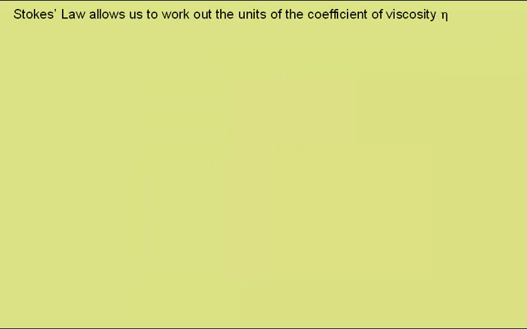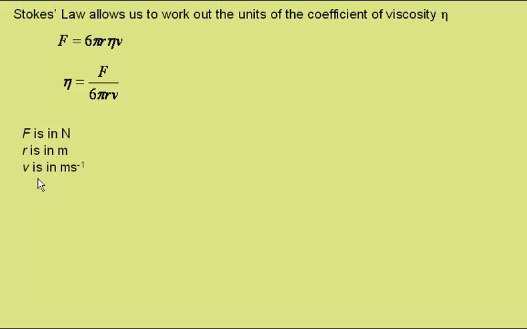Stokes' Law allows us to work out the units of the coefficient of viscosity eta. Here we have the Stokes' Law expression again, and rearranging for eta we find that the coefficient of viscosity is equal to the force over 6 pi r v. The force will be in newtons, the radius in meters, and the velocity in meters per second.